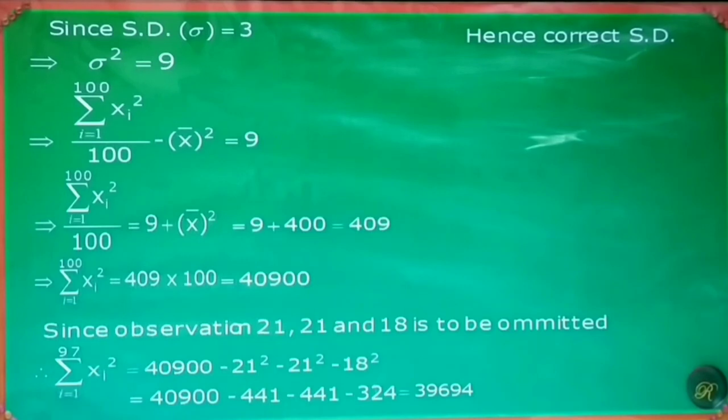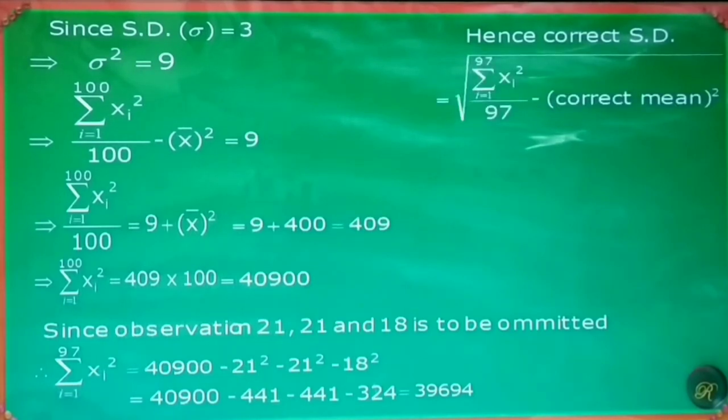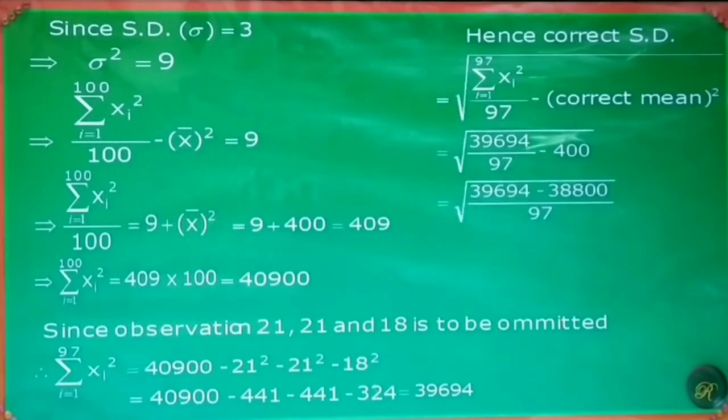Hence, correct standard deviation is equal to square root of sigma xi square, i is equal to 1 to 97, divided by 97 minus square of mean, is equal to square root of 39,694 divided by 97 minus 400, is equal to square root of 39,694 minus 38,800 divided by 97, is equal to square root of 894 divided by 97, is equal to square root of 9.22.